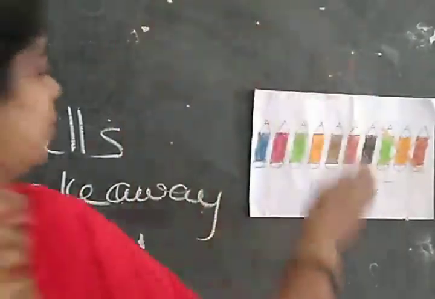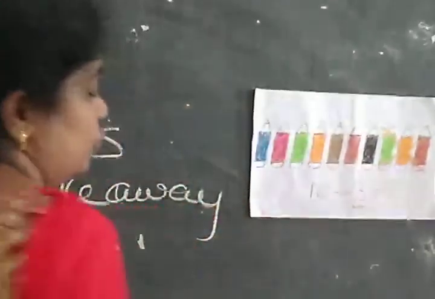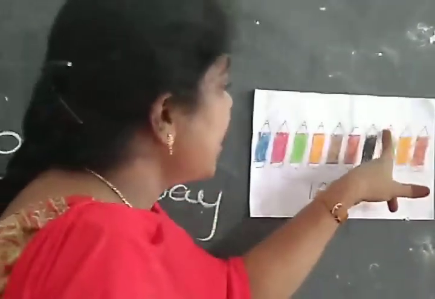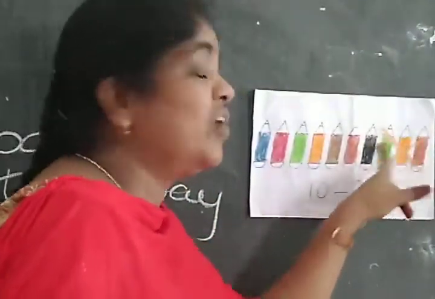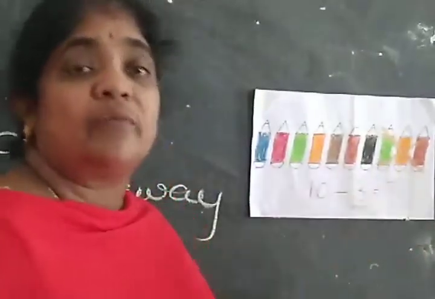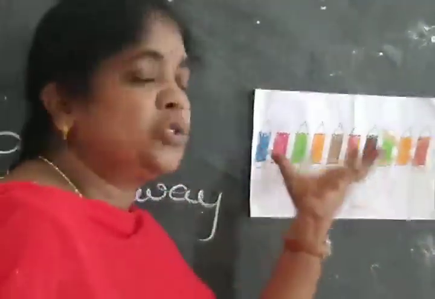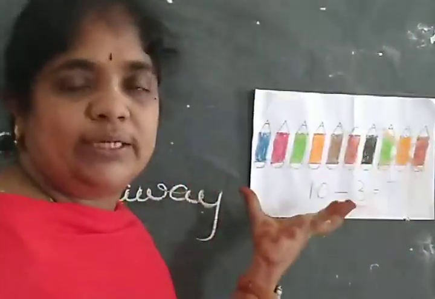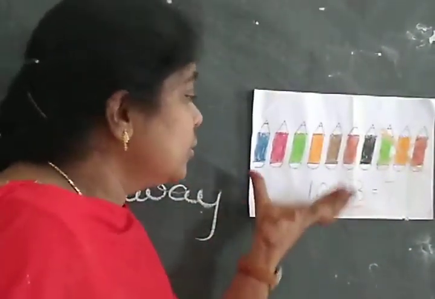And the second number, what is the second number here? 3. What is this 3? The 3 is the color pencils which you gave to your friend. That means you took away 3 pencils from this quantity. Understand, children?